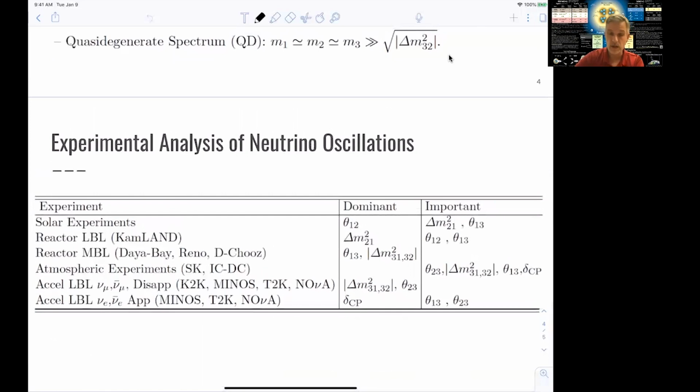The information from the neutrino oscillation experiments and how it maps into the individual parameters of our neutrino CKM matrix is summarized here, and also the mass information. I don't want to read the entire table, I just leave this here for you.